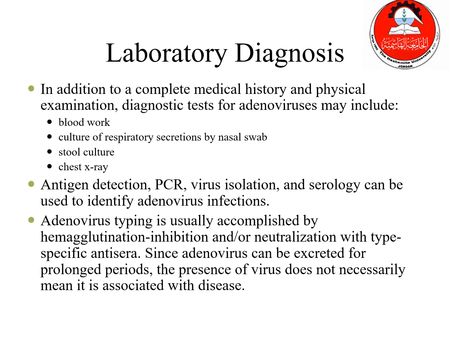Other tests such as antigen detection, PCR, virus isolation, and serology can be used to identify the adenovirus infection, but they are usually not routine since it's another virus which causes upper respiratory tract infection and it is associated with an acute illness, which does not necessitate doing all these investigations.